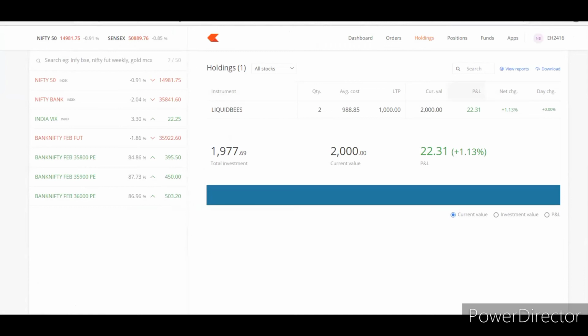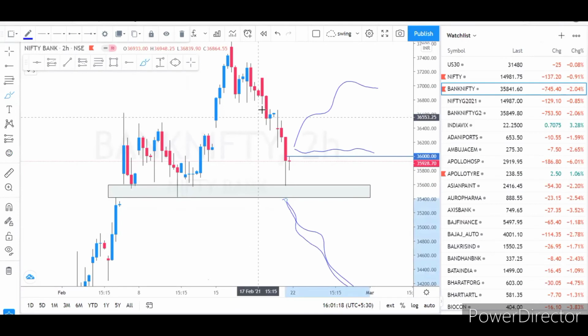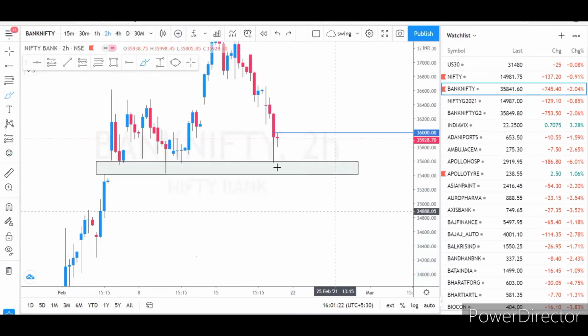So what do we need to do? We can overcome these two problems. If the market comes down heavily, we need to have our position hedged. It's kind of like insuring our position. To save us from that big loss, we need to buy some put option. We have sold the 36,000 put option.